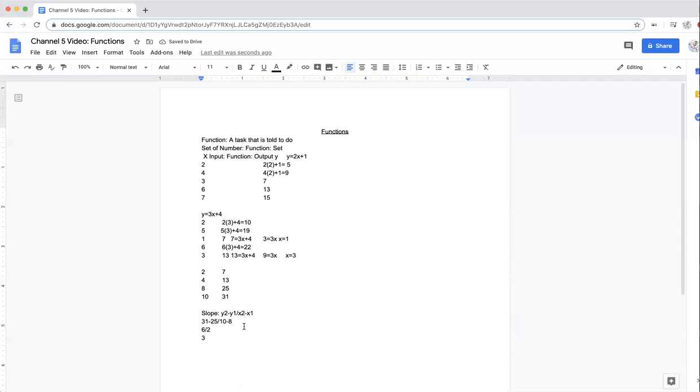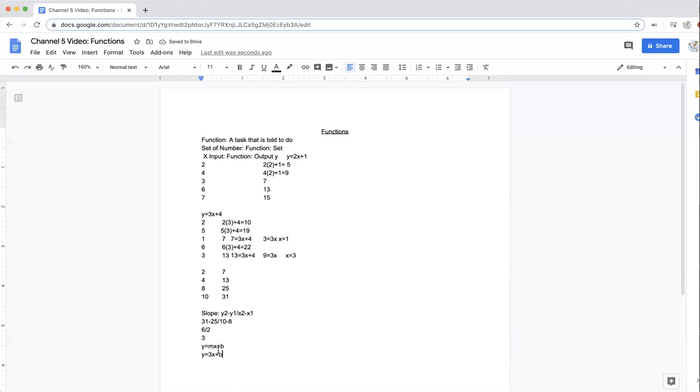So now, slope is how much you multiply. The equation of a function is written as y equals mx plus b. The slope is the m. So right now we have y equals 3x plus b.